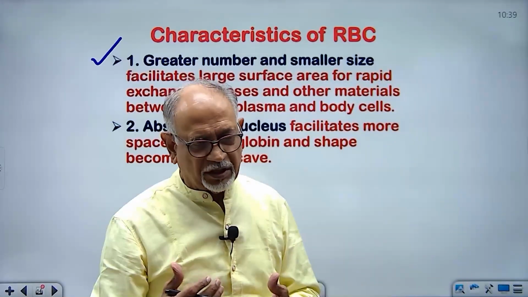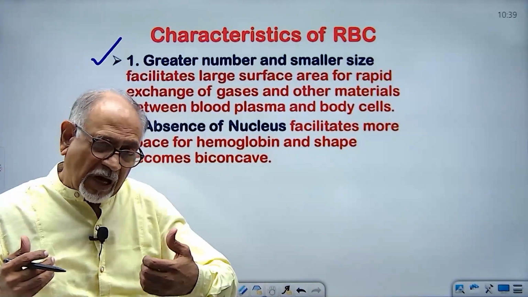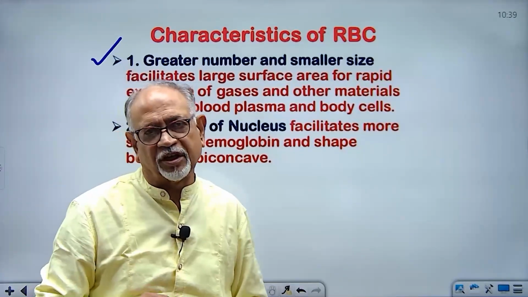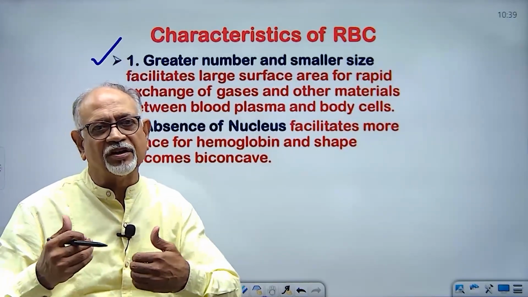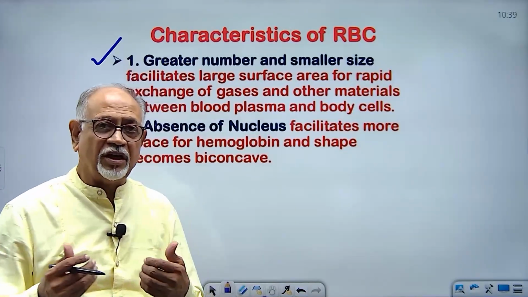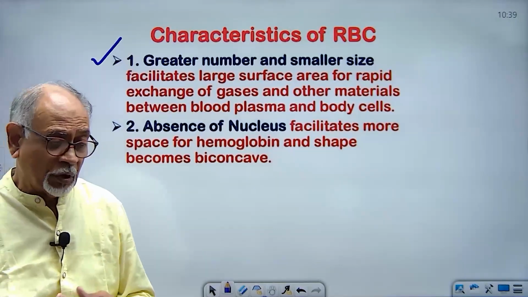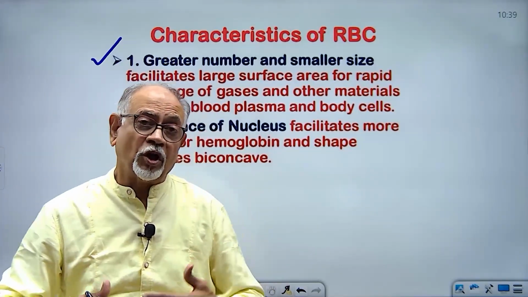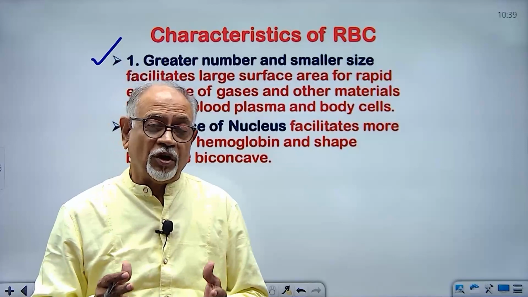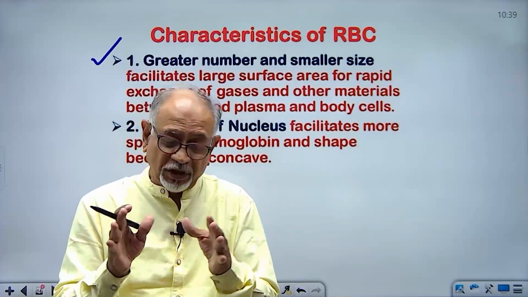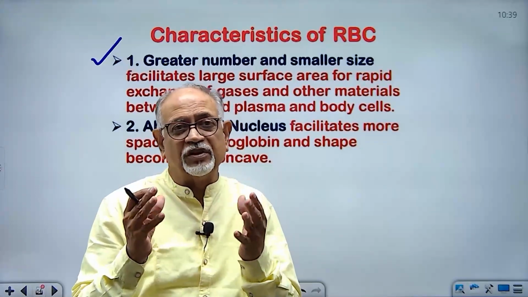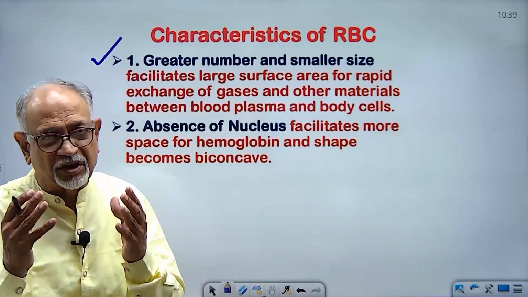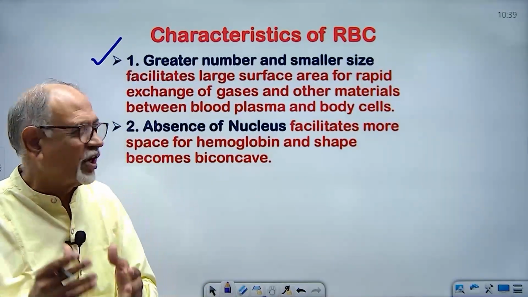So, in blood, a larger number of RBCs are accumulated. And as you know that the RBC contain hemoglobin, and hemoglobin carries oxygen, 4 molecules of oxygen. So, maximum amount of hemoglobin is contained in RBC because of their shape and their number and their size.